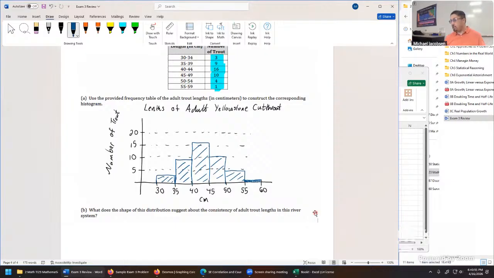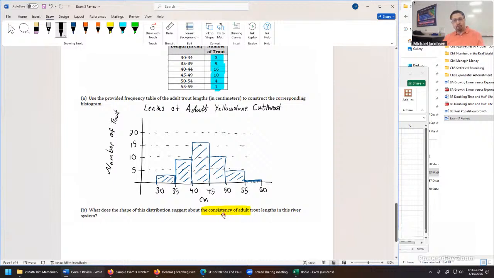Okay, as far as part B, it's asking, what does the shape of the distribution suggest about the consistency of the adult trout lengths in the river system? So this is kind of an open-ended question. Depends on how you interpret consistency.